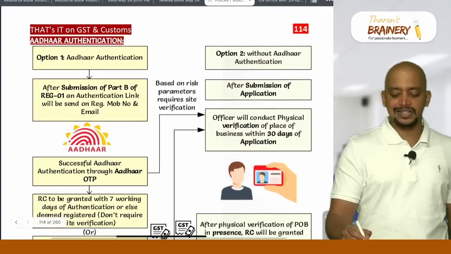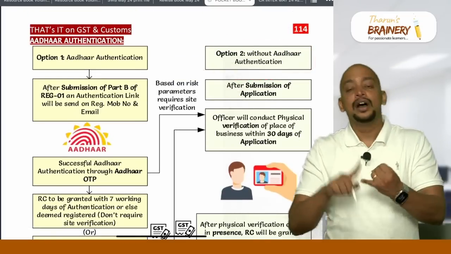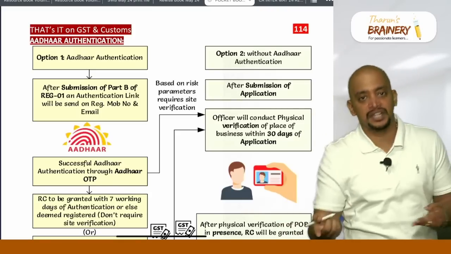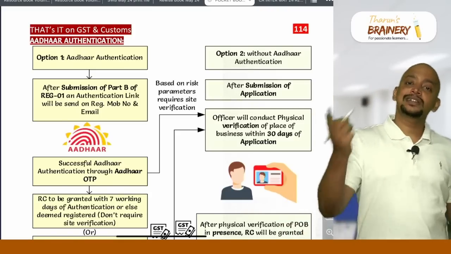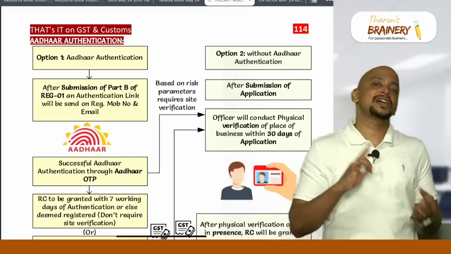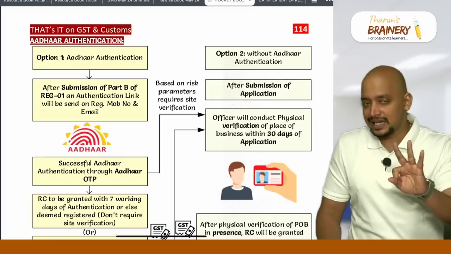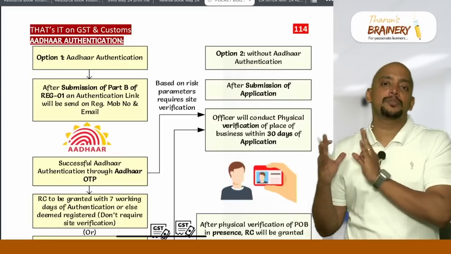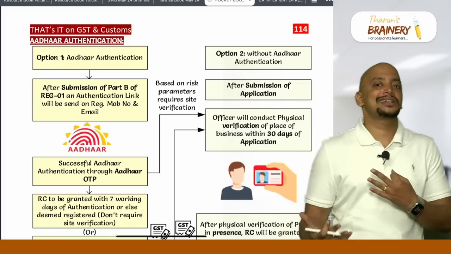If the application is submitted without Aadhaar authentication, or submitted with authentication but not completed within 15 days, or submitted with authentication and completed but the officer requires site verification, in these 3 cases the registration will be granted only after physical verification of the place of business. So this can be tested as a short note question.